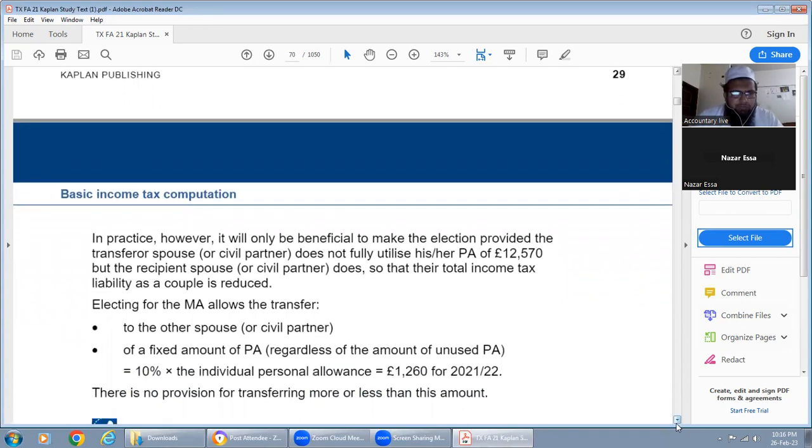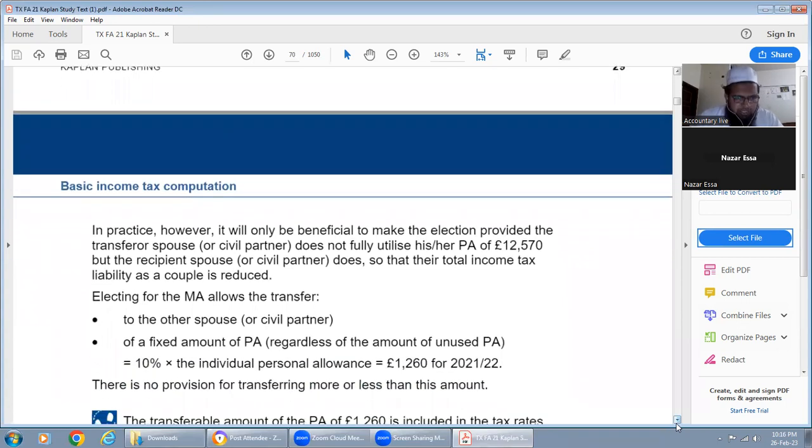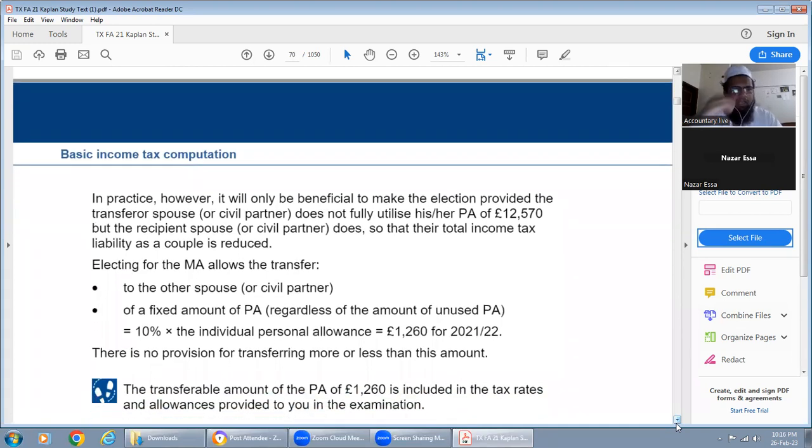Electing for the MA allows the transfer to the other spouse or civil partner of a fixed amount of personal allowance, regardless of the amount of unused personal allowance, equal to 10% multiplied by the individual personal allowance. That is equal to 1260.